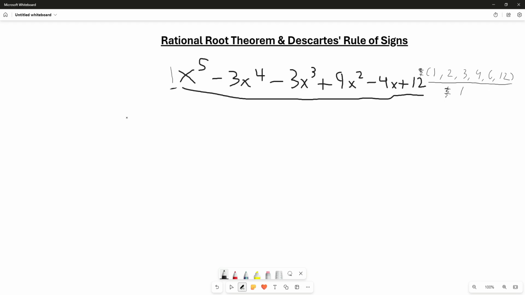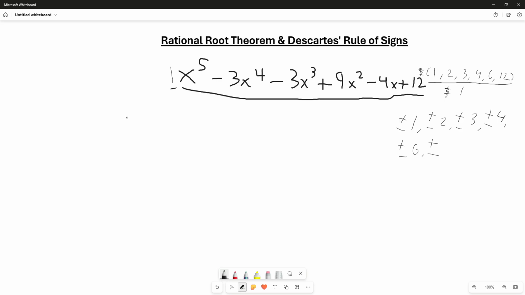So the possible rational roots for this function are plus or minus 1, because 1 over 1, plus or minus 2, because 2 over 1, plus or minus 3, because 3 over 1, plus or minus 4, because 4 over 1, plus or minus 6, because 6 over 1, and plus or minus 12, because 12 over 1.